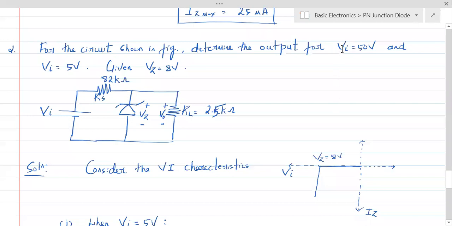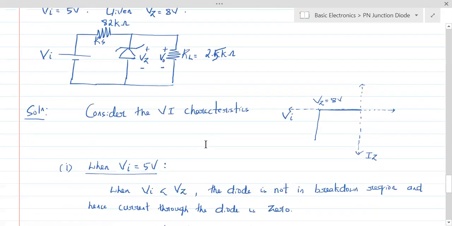But since Vi is 50 volts, that does not mean that the Vz would change. Vz would still be 8 volts only. So can you now write this particular circuit diagram at Vi equal to 50 volts?